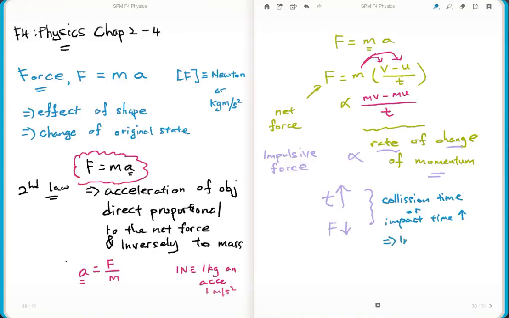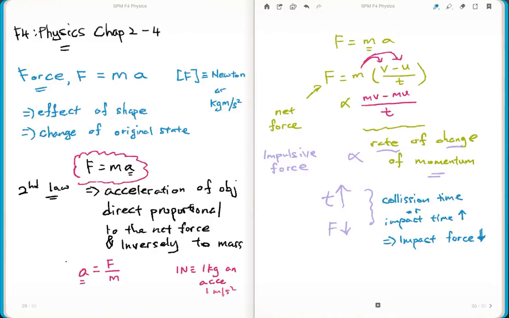The impact force reduces. So that's why you need to have a bumper in your car. The bumper helps to increase the collision time, so that the impact force will be reduced.